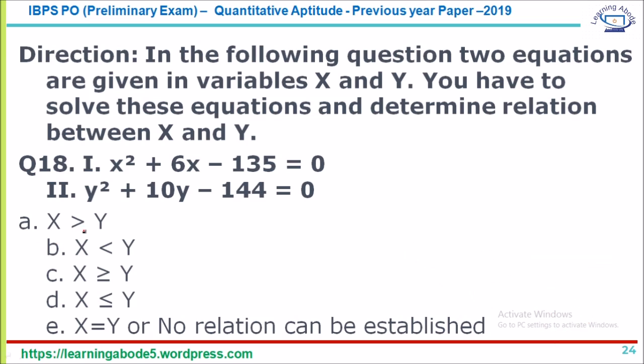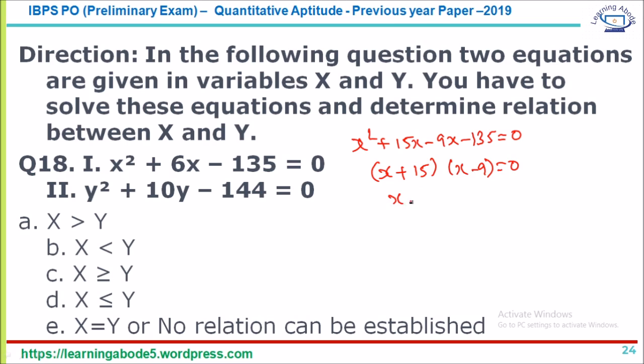Question number 18. So x square plus 6x minus 135 equal to 0. You can split this as x square plus 15x minus 9x minus 135 equal to 0. You can simplify this and write it as (x plus 15) into (x minus 9) equal to 0.